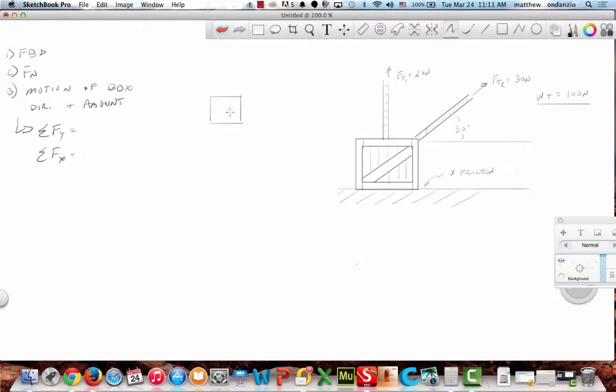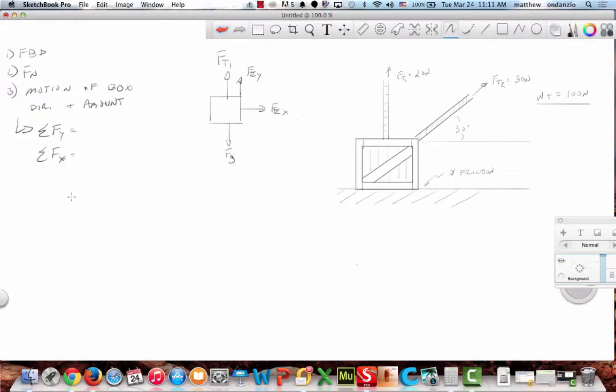All right, what are my forces? I got 20. That's FT1. Here's what you got to do. Don't put the numbers. Just put the variables. Then you have the weight downward, the weight of the box, F of G. And then you have the F2x and F2y, FT2.